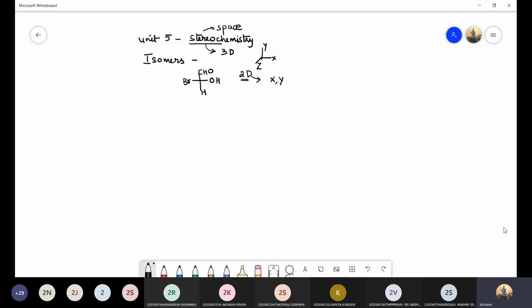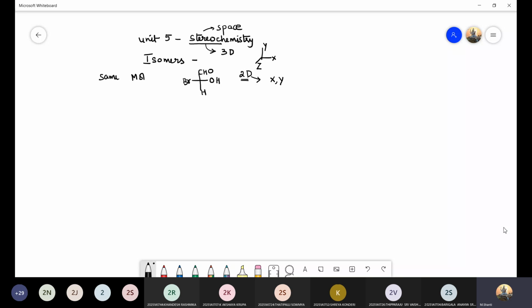Like you have two different compounds. I just simply call them isomers. What is the basis for them to be called isomers? Iso means what? In what they are same and in what they are different. They have the same molecular formula, ma'am.